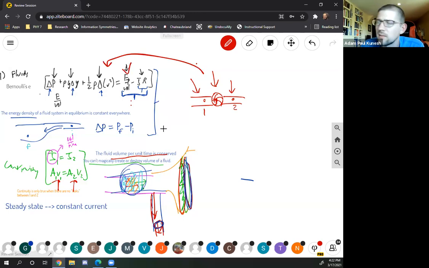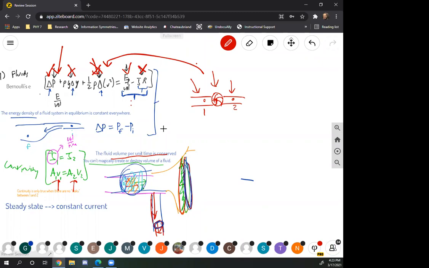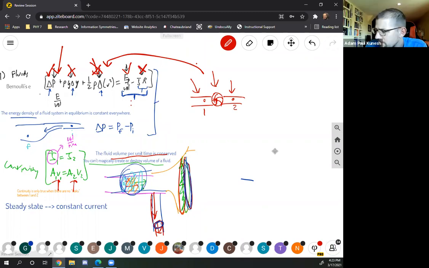Let's just assume there's no resistance, since it's not relevant right now. There's no change in the area of the pipe, and there's no change in height. So the most direct thing a pump does is change the pressure. Does that help? Yeah, thank you. Good stuff. Thanks for the question.